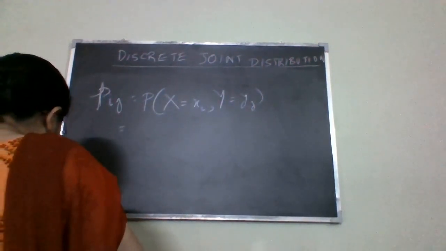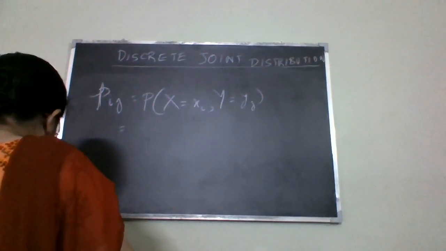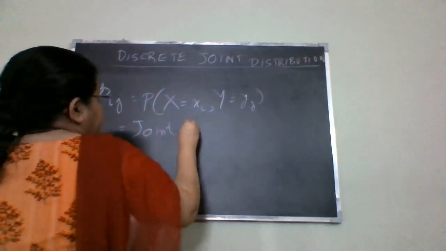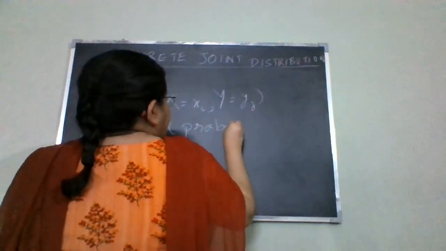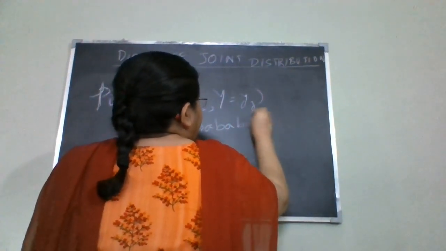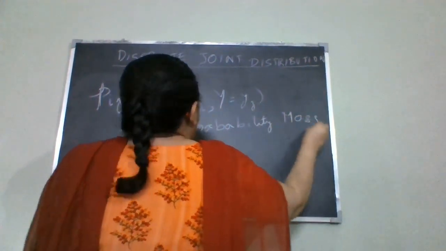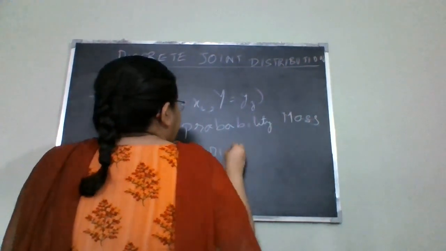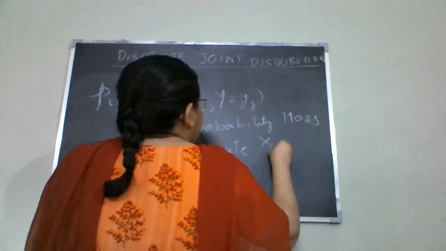This is called the joint probability mass of the bivariate (X, Y).